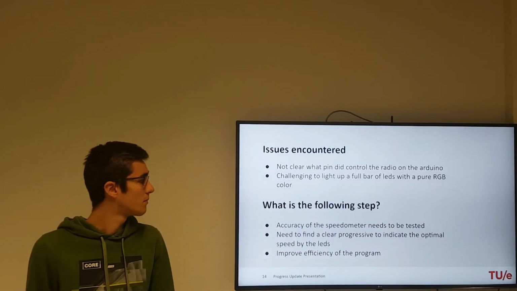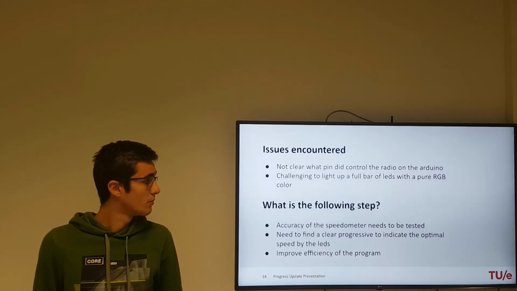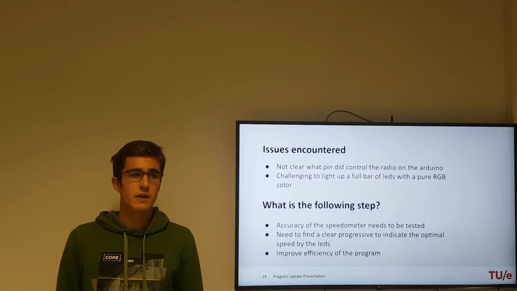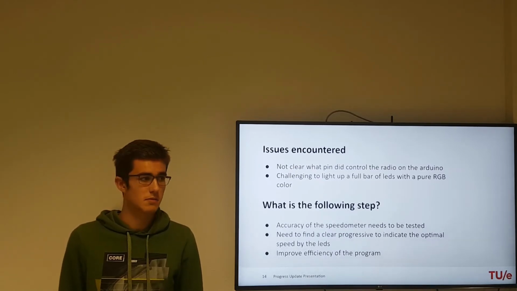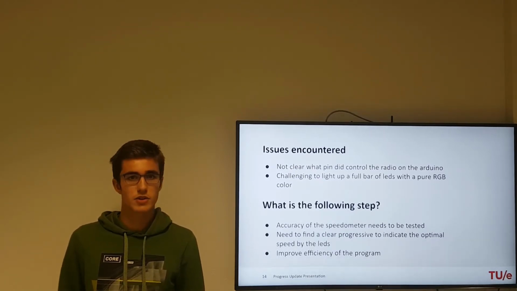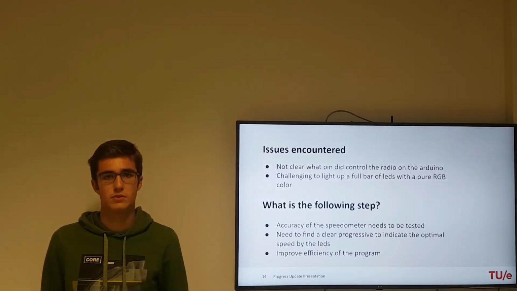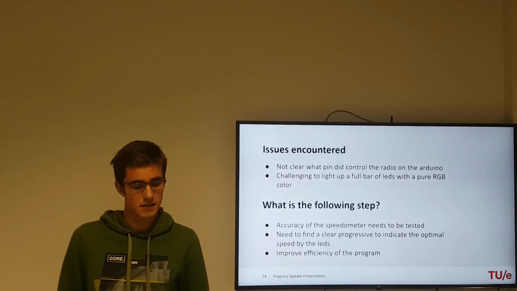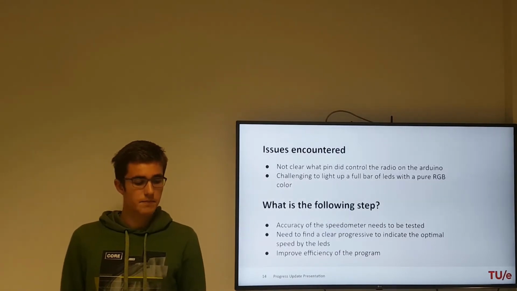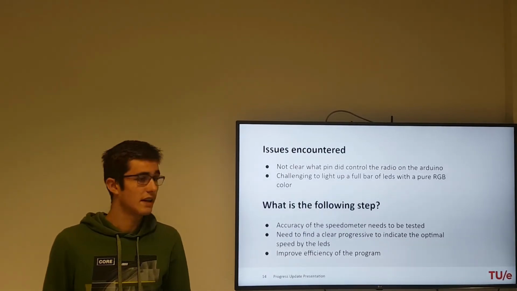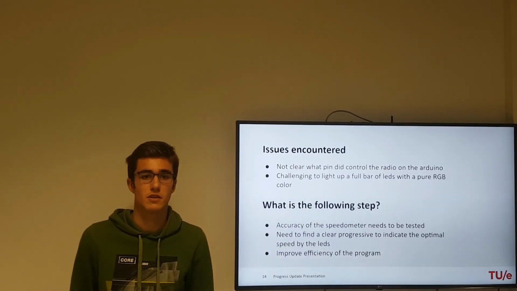Now our plan to improve the project is to verify the accuracy of our speed system. We are sure it measures a speed, but we want to see if it is properly calibrated, so we have to undergo some tests. Then we need to design a clear pattern to indicate whether we are going at the right speed or not.